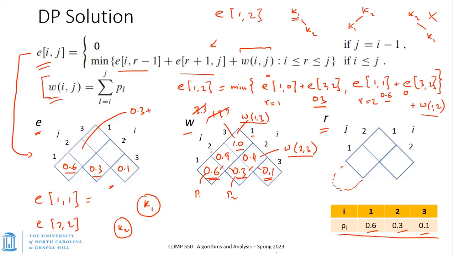And once you have the weight matrix, then you can calculate the E matrix. That is now calculated by using 0.3, which was the lower of these two, plus the corresponding weight. So what does that come out to be? 1.2. Yeah. So let's work through this one. Just by looking at the weight table and the probabilities, can somebody tell me what would be the value for E 2 comma 3?